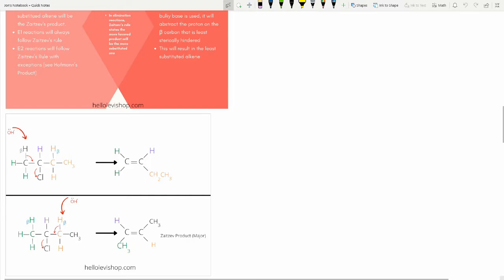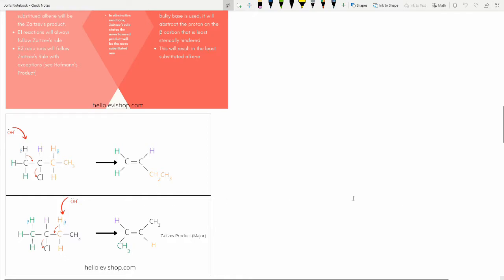We have a hydroxide ion, which is a strong base, right here. That will be abstracting the beta hydrogen. A double bond will form, as you can see right here, and then the leaving group leaves. We end up with a mono-substituted alkene.